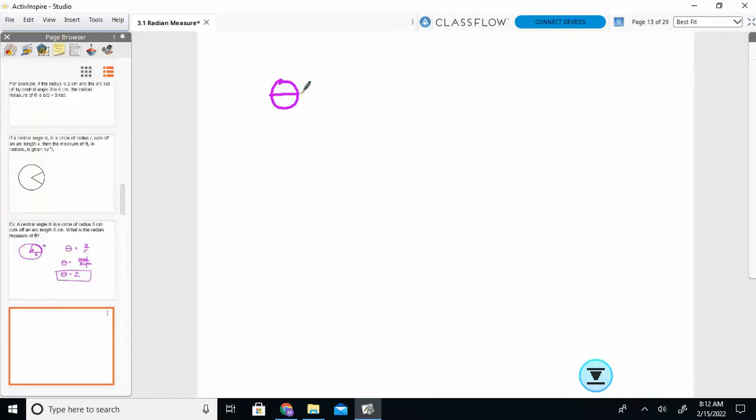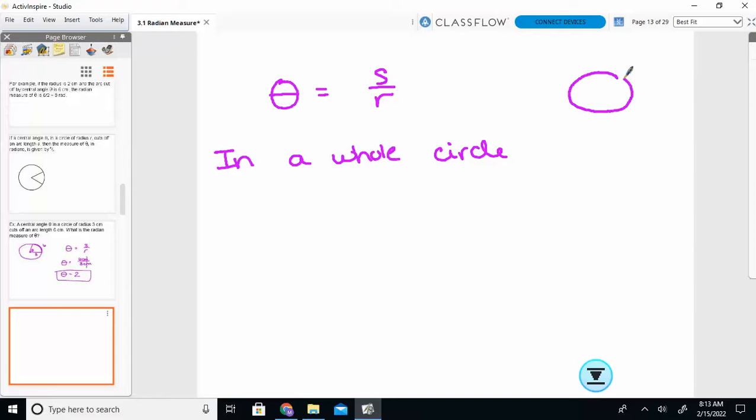So I just told you that an angle in radians is S divided by R. So in a whole circle, your arc length would be all the way around. What's the complete distance around the outside of a circle? Think about circumference, distance around the outside of a circle. Does anybody remember that formula?